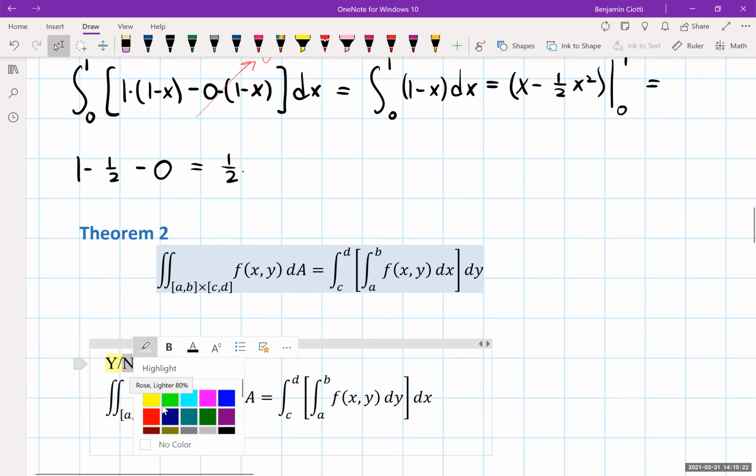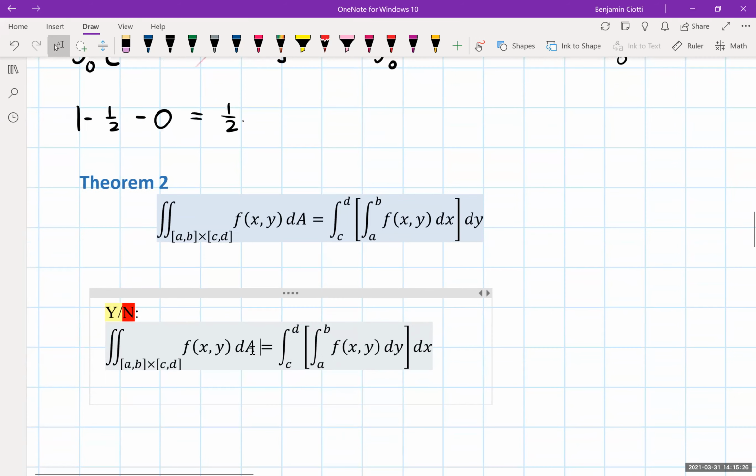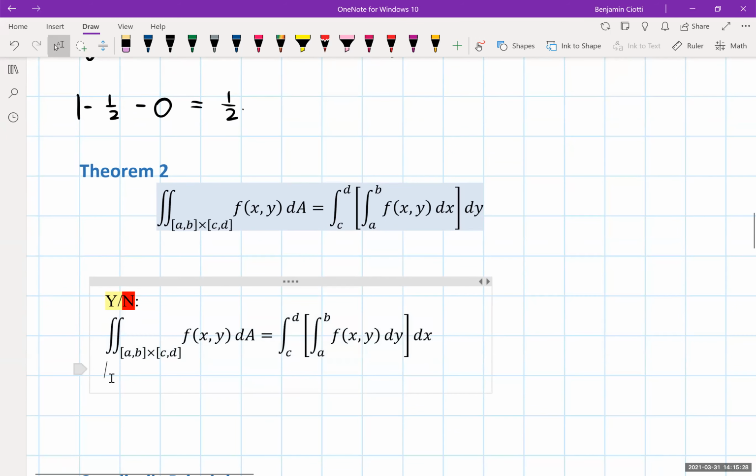So yeah, this one is a no. I saw some people commenting correctly. The reason that it's not true is because I didn't interchange the bounds.